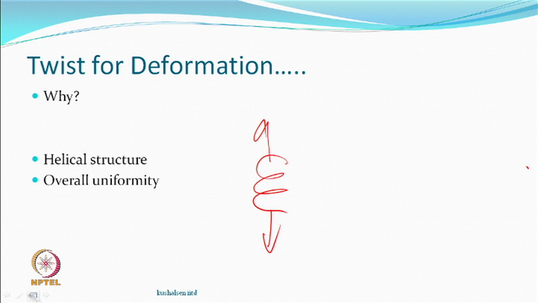Based on the stress level that is exerted on each filament, they keep migrating from surface to core and core to surface. That is right. So, they migrate. This is migration. And what does migration mean?